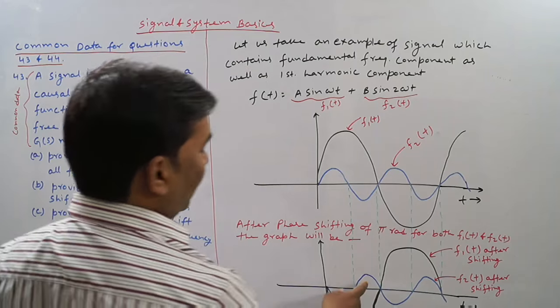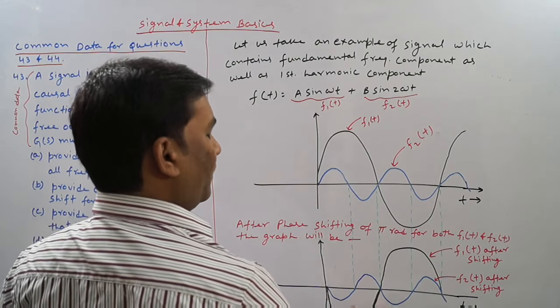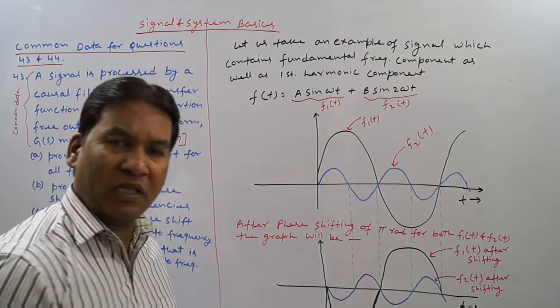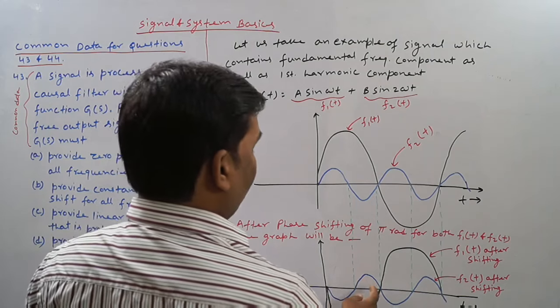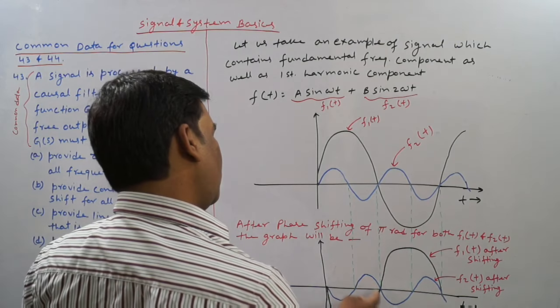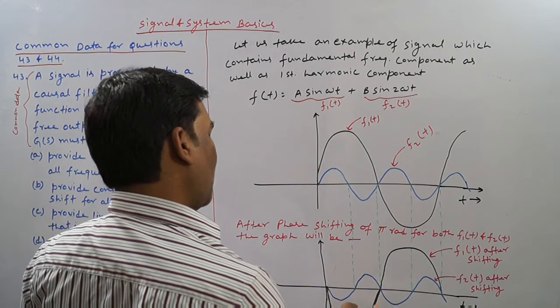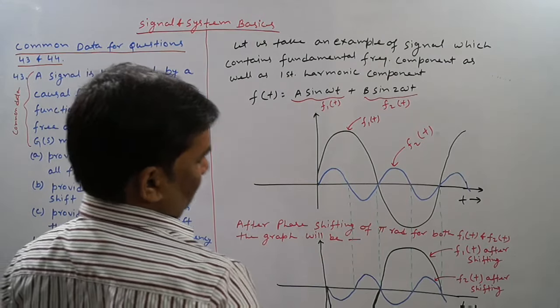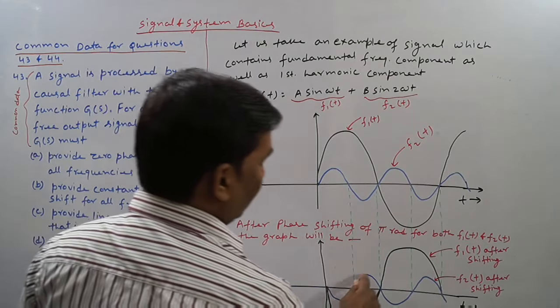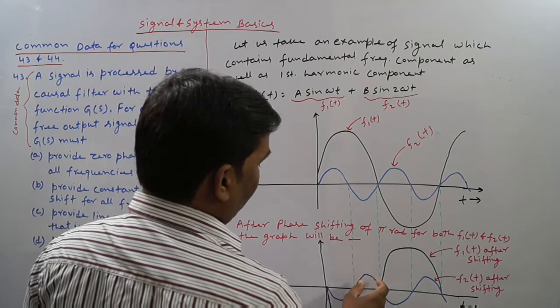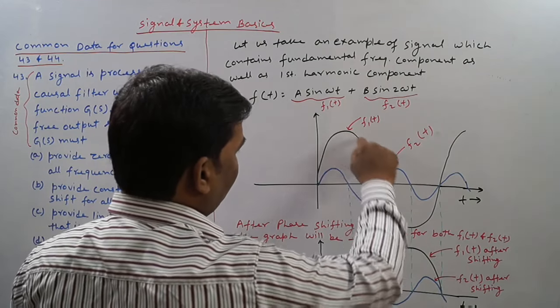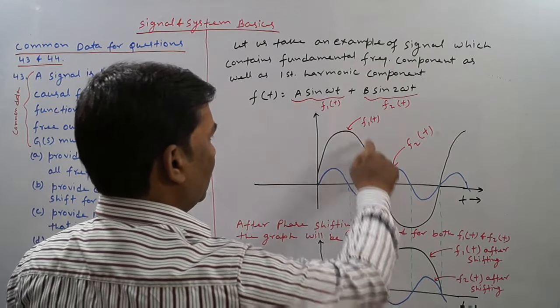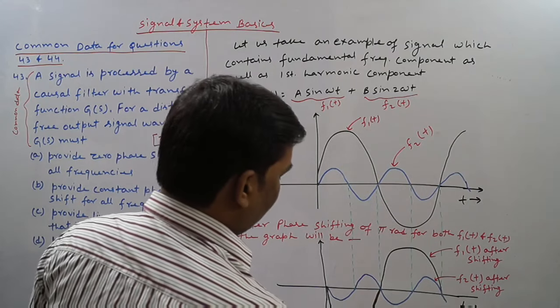So if we add these two graphs, or if we superimpose, meaning if we add, then the addition of these two graphs must give the addition of these two, but it is not true. This is the same, but whatever we are getting with graph F1, we are not getting with F2.